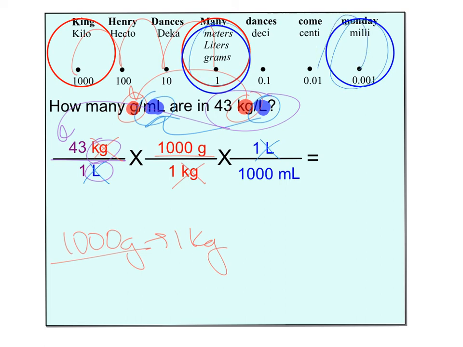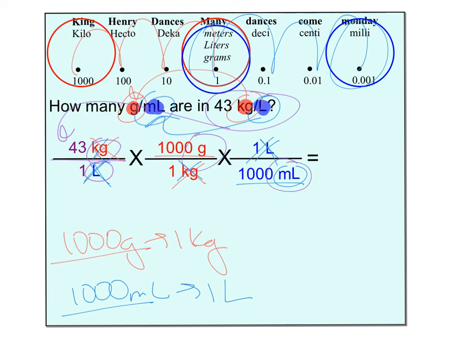Small to big, 10, 100, 1,000. So 1,000 milliliters in 1 liter. In this case, I put the 1,000 on the bottom because that's where milliliters was. My liters cancel out, my kilograms cancel out, so what I'm left with is grams per milliliter, which, hey, is exactly what I wanted.